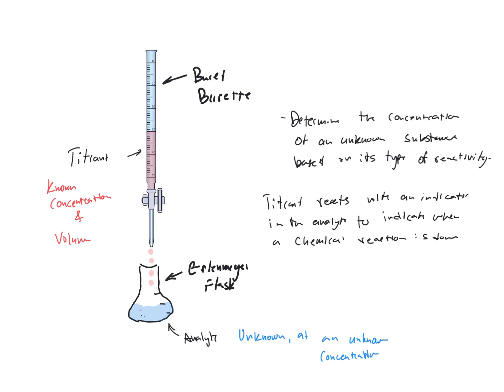So you'll have a little dissolved indicator, and you'll drip in some of this titrant solution into your analyte, and normally it's done with a change in physical property. Normally this can be color, but it can also be a change of state.